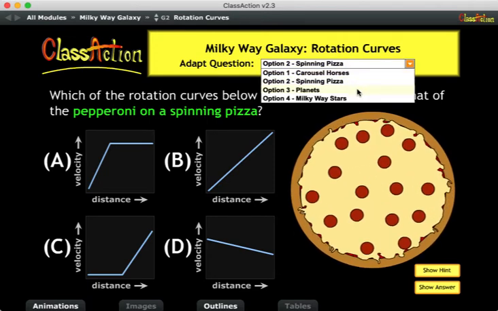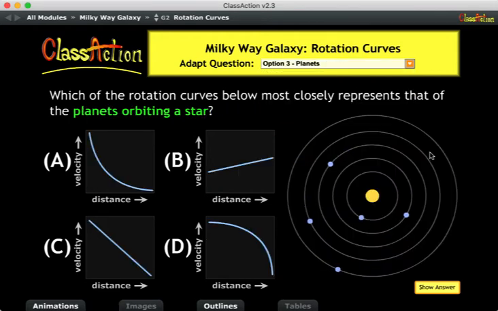Okay, the next 2, this one's the planets. We have the planets in their orbit, although not quite to scale, but they are to scale in terms of how fast they're moving, right? Mercury, Venus, Earth, Mars, and Jupiter, the first 5. And again, this is a Keplerian orbit.